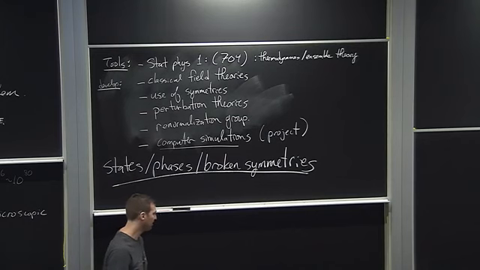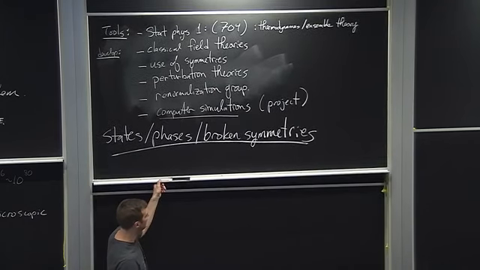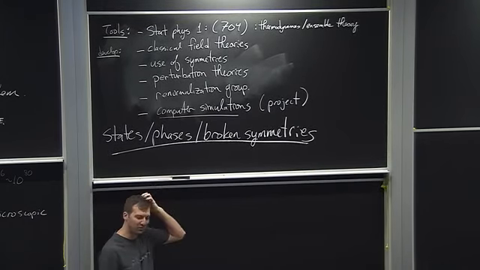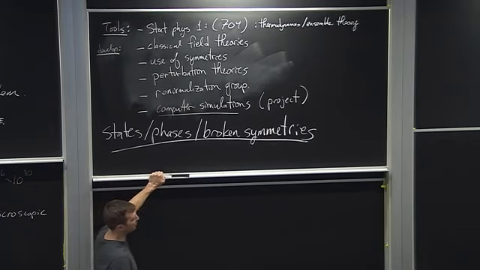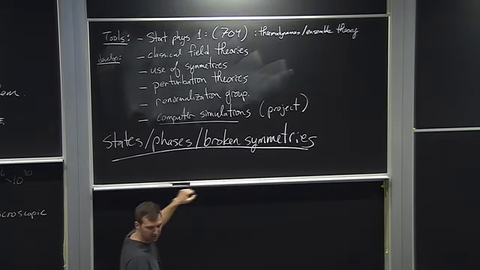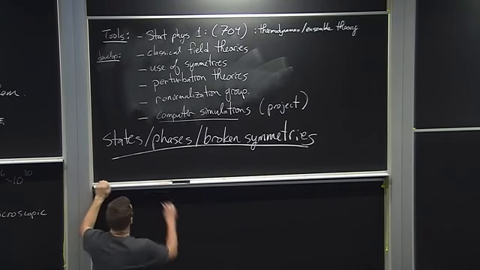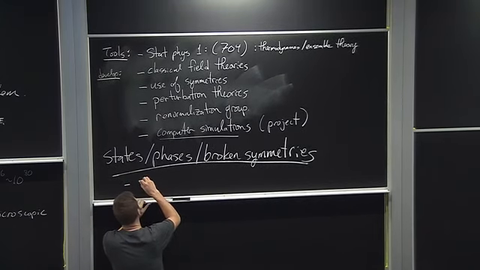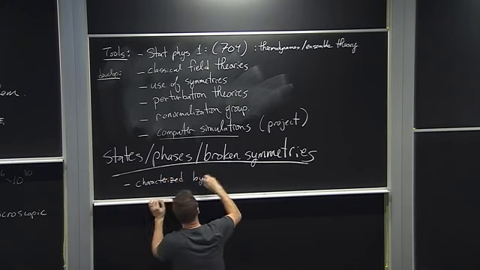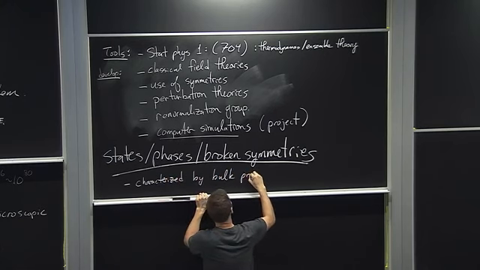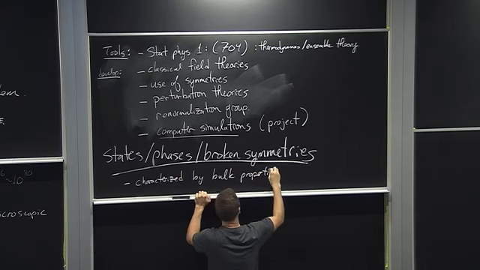I'll give you the standard motivation that you'll read in textbooks of the liquid-gas type transitions. There's systems of particles at different temperatures, say. But we'll do most of our calculations on the Ising model. So states are characterized by bulk properties, things you measure.